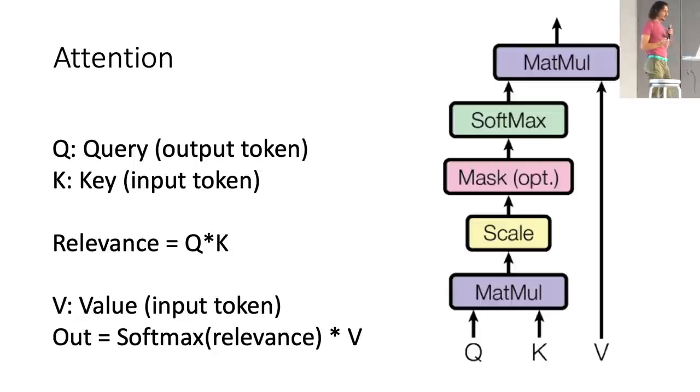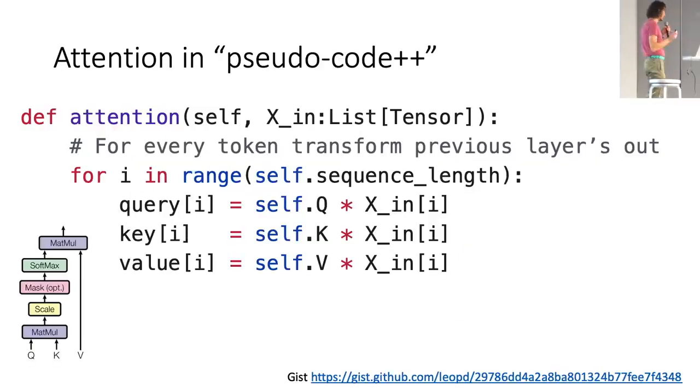Now, to explain this in a little bit more detail, I'm going to go through it in pseudocode. So this looks like Python. It wouldn't actually run, but I think it's close enough to help people understand what's going on. So you've got this attention function, right? And it takes as input a list of tensors, one per token on the input.